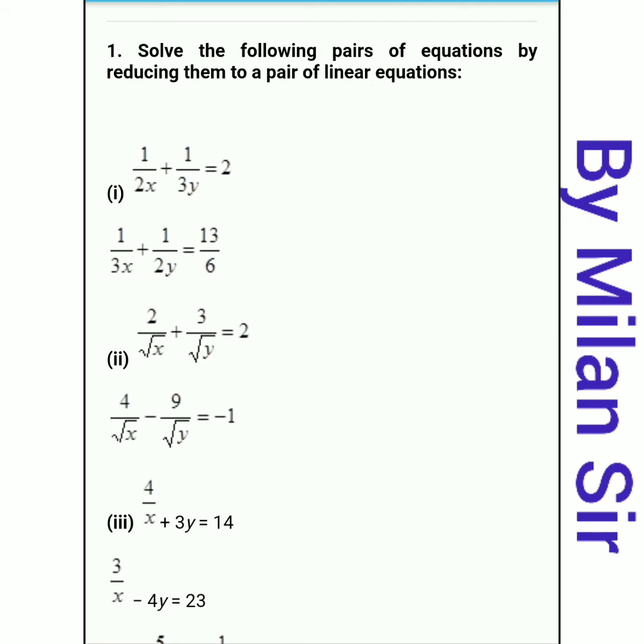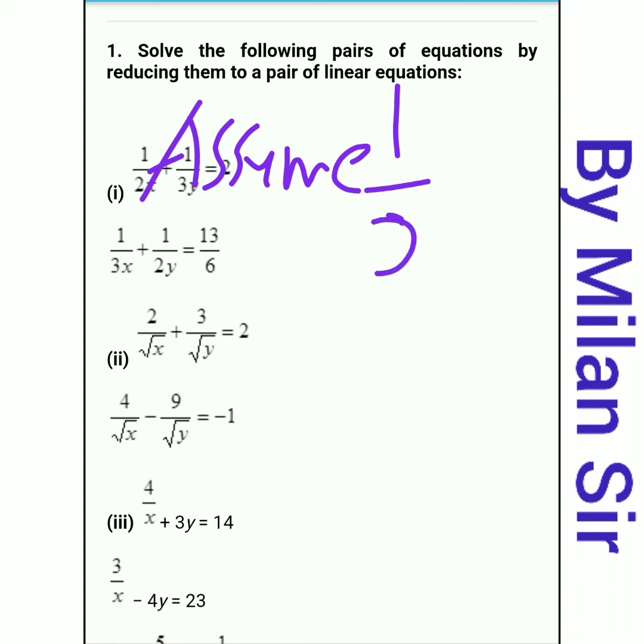So how? First of all, assume 1 upon x is equal to m and 1 upon y is equal to n.